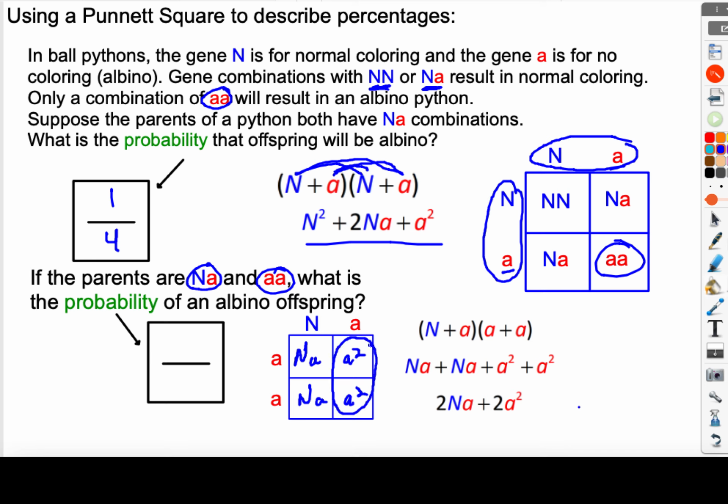A times A, 2 out of the 4, or 1 out of 2. 2 out of the 4 chances. So there's a half probability, 50% probability with an albino snake and a mixed, normal color snake that we'll end up with an albino snake. Greater chance there. So again, just a real world application of this foiling idea.